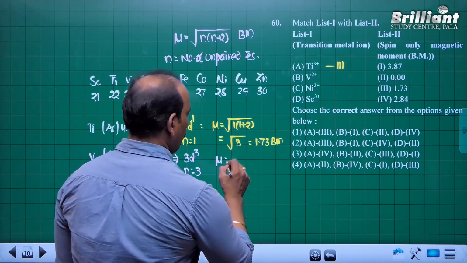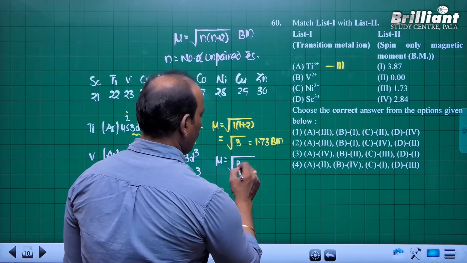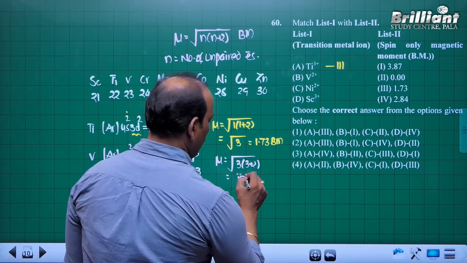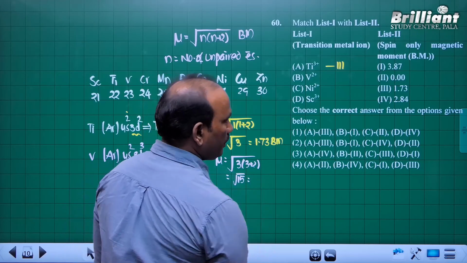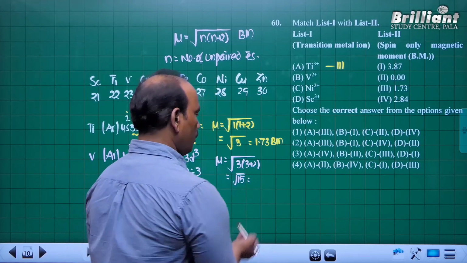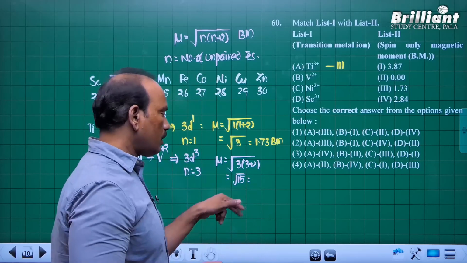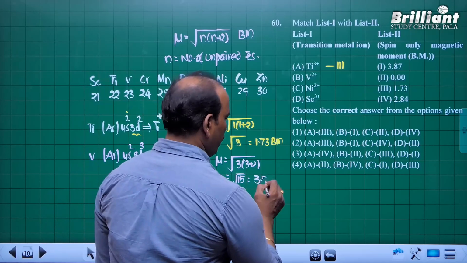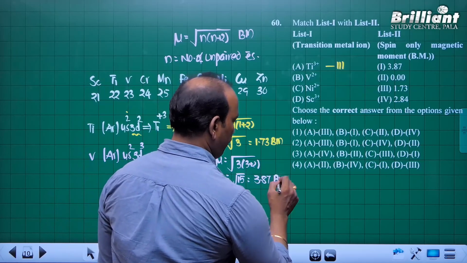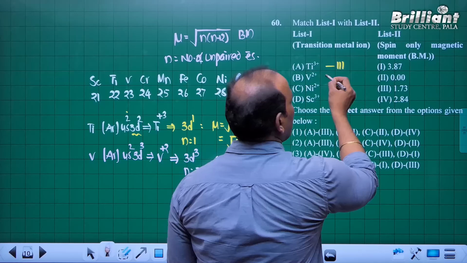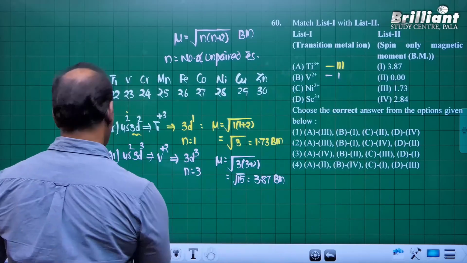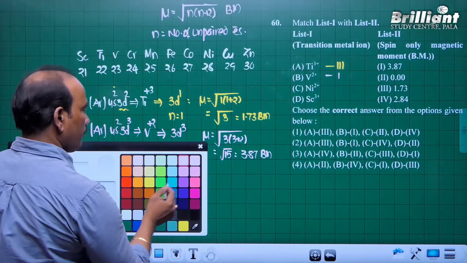Therefore mu equals the square root of 3 into 3 plus 2, root 15. Root 15 is less than root 16, which is 4, so it is 3.87 BM. That is here 1. Okay.